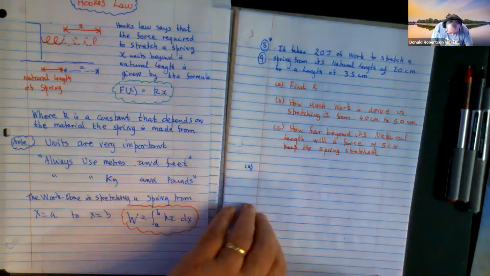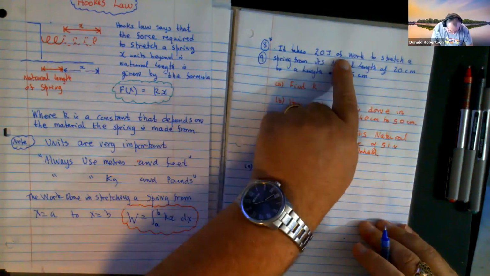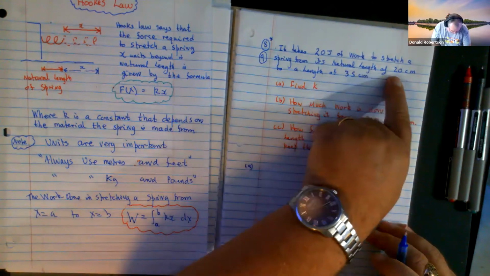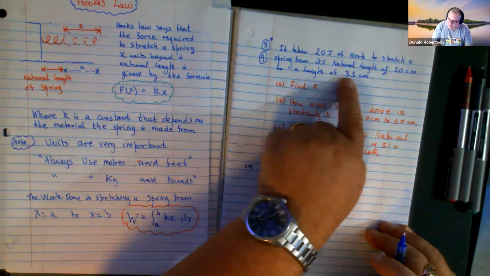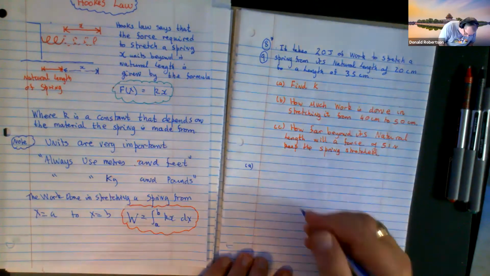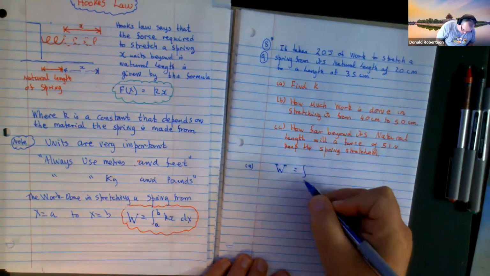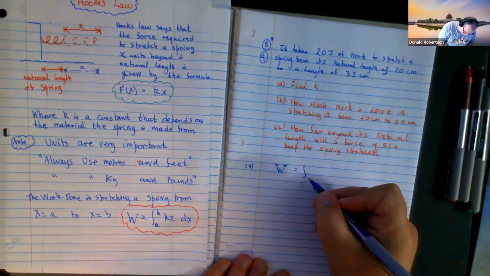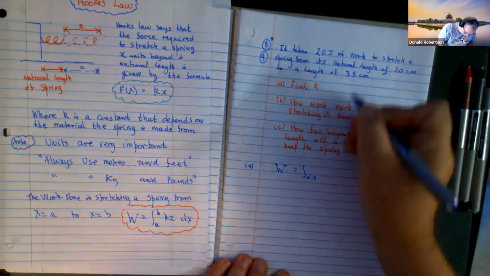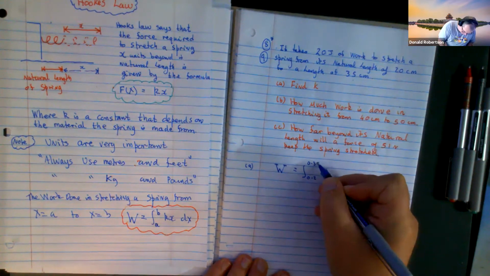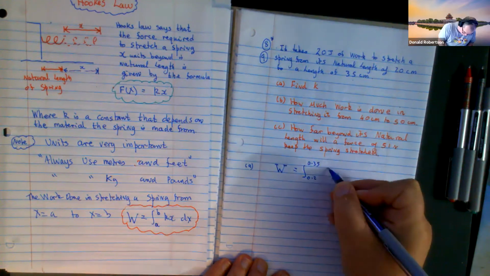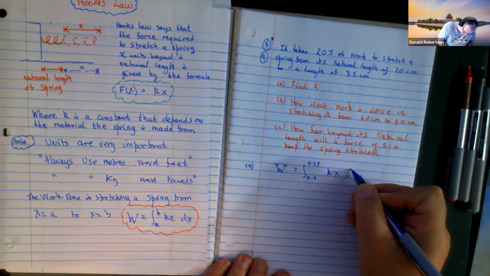Now, it takes 20 joules of work to stretch a spring from its natural length of 20 centimeters to a length of 35 centimeters. Now, I know what the work formula is. It's the integral of 0.2 to 0.35, that's basically A to B of kx dx.